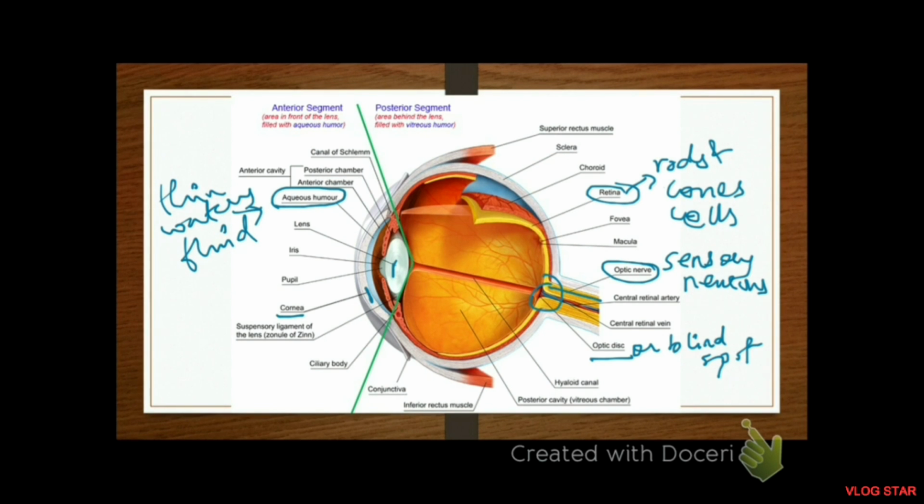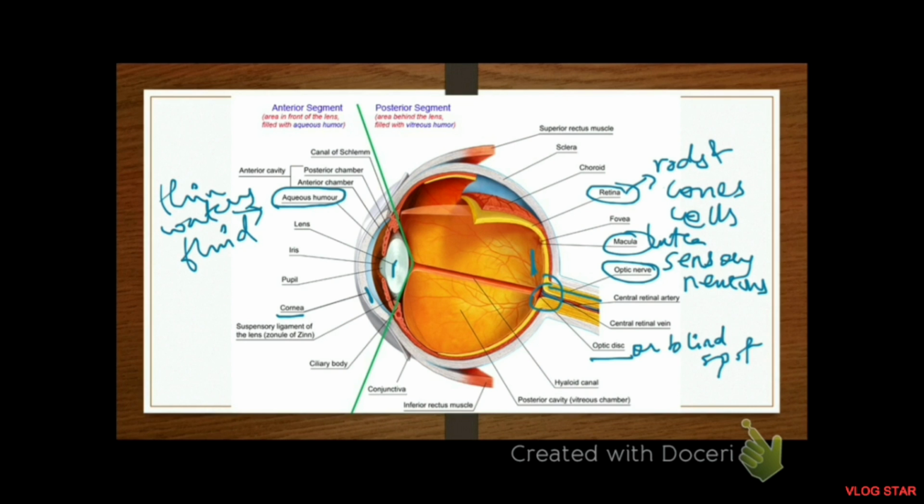Now at the posterior pole of the eye, lateral to the blind spot, there is a yellowish pigmented spot called the macula lutea.